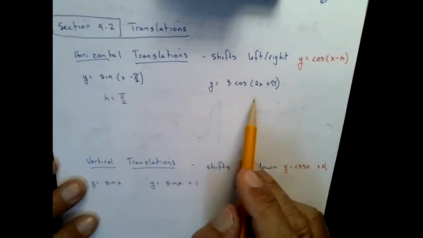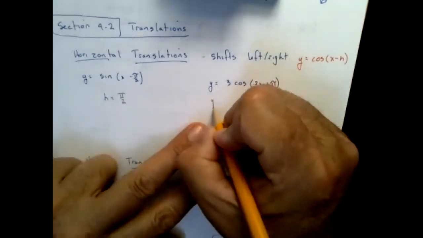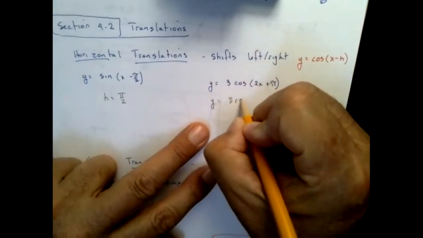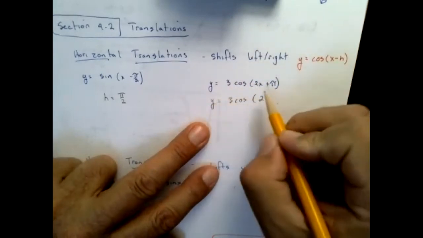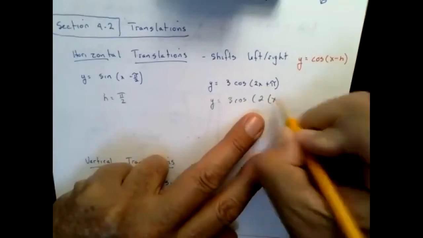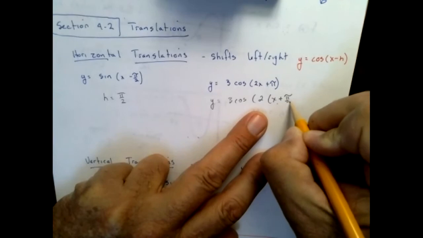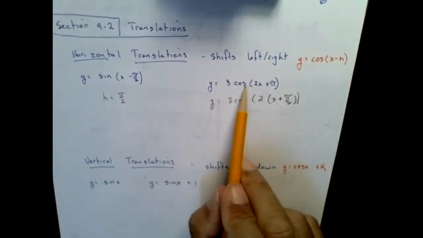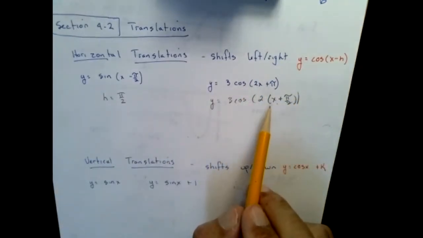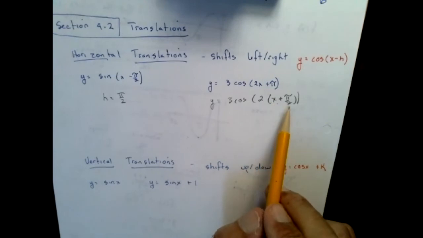This one is a little tricky. It's tricky because I have to pull out the b first, which means I'm going to divide that by 2. So I had to manipulate this a little bit first to get it in that standard form. Now, what is my h?